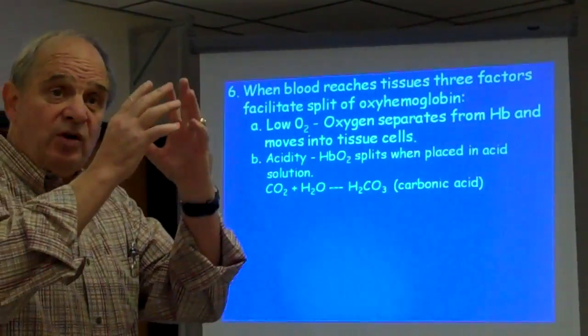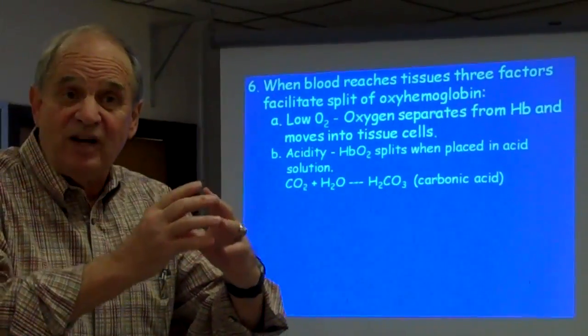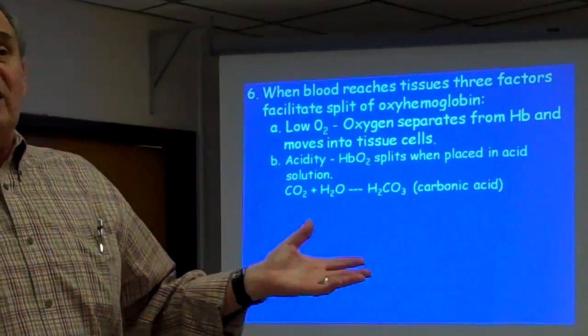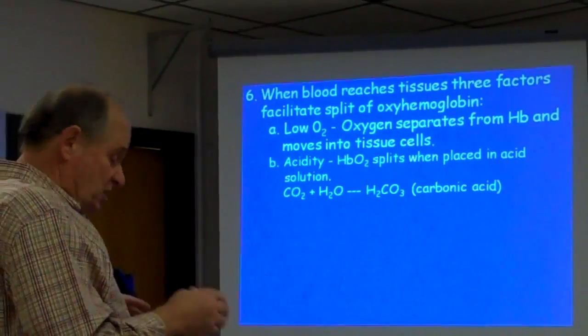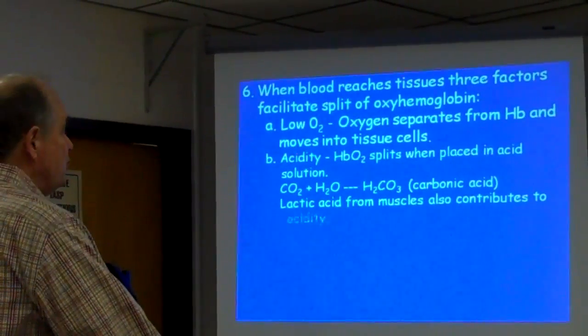When converting glucose to pyruvic acid in the absence of oxygen, pyruvic acid is converted to lactic acid. A little bit of that is always going to be done, so the lactic acid also facilitates this splitting. Lactic acid from muscles contributes to that.